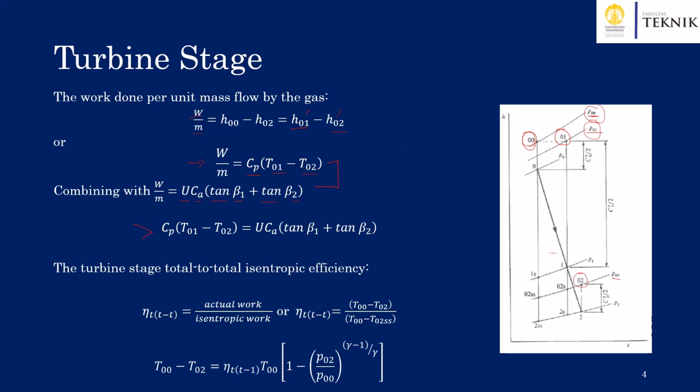And from this, we can get the turbine stage total to total isentropic efficiency, which is a ratio between the actual work to the isentropic work, or it is a function of the temperature difference T00 at the inlet of the stator and T02 at the outlet of the rotor, divided by T00 minus T02SS, or the conditions here.